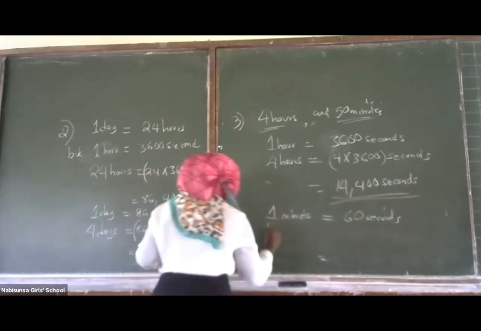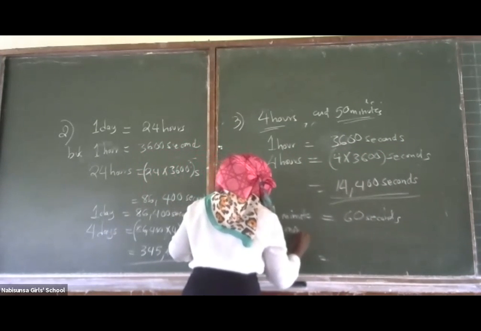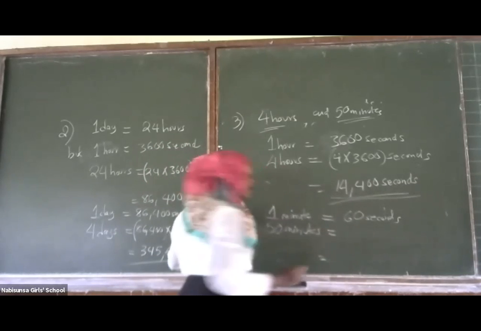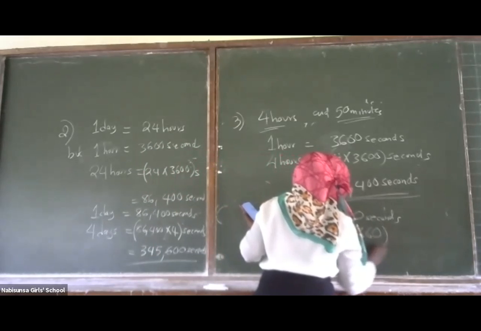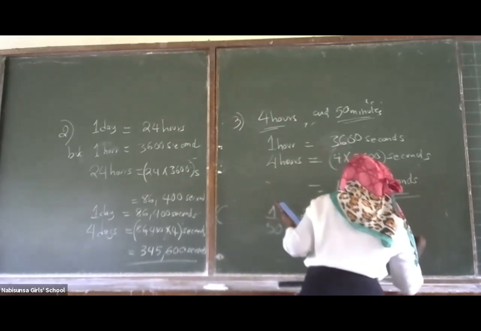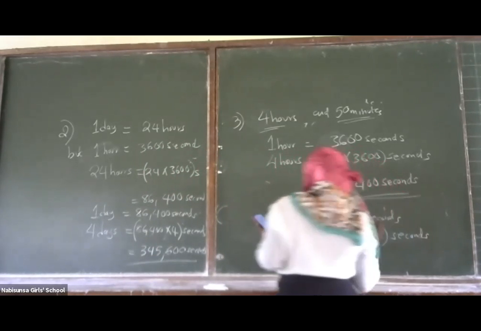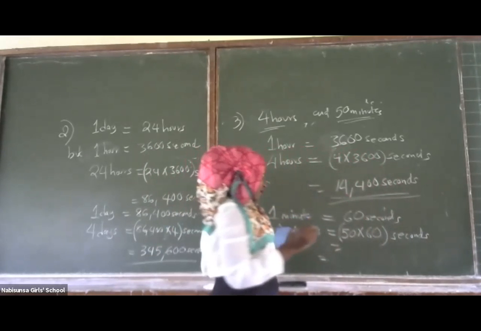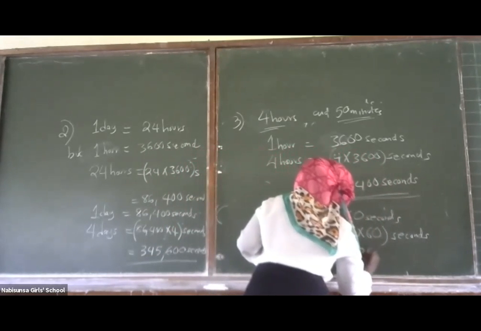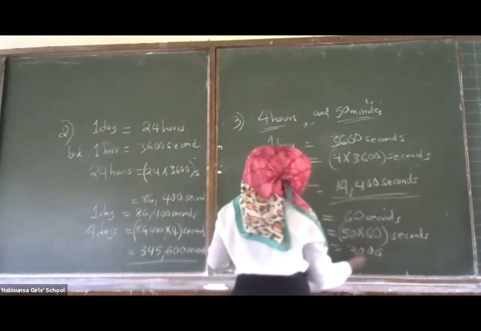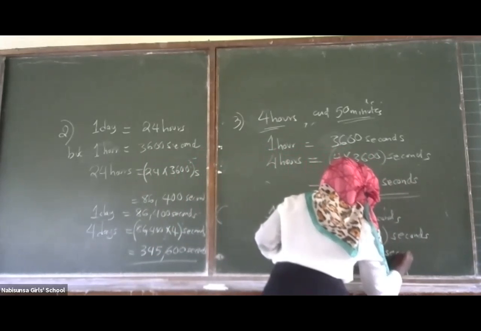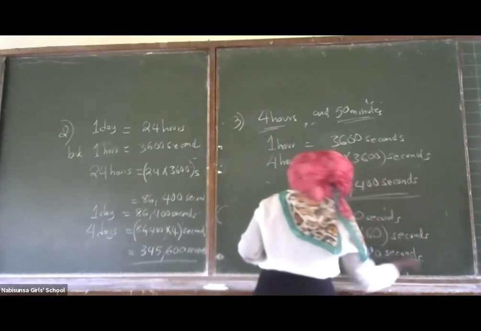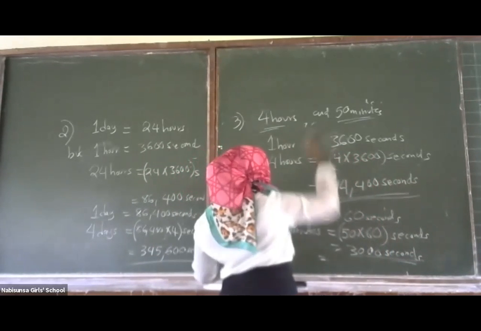How about the 50 minutes now? The 50 minutes will have 50 times 60 seconds, which will give us 3,000 seconds.